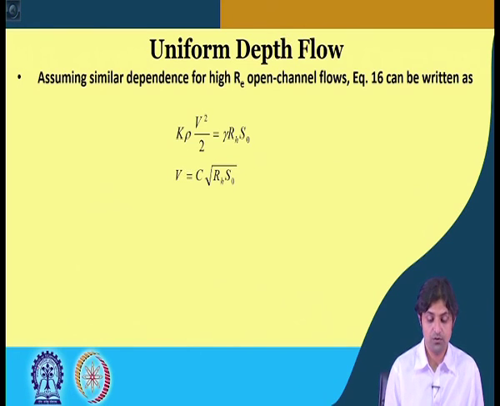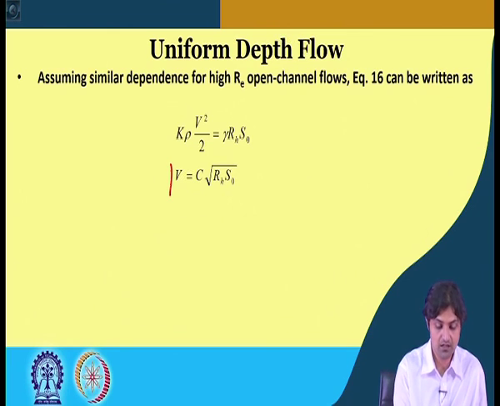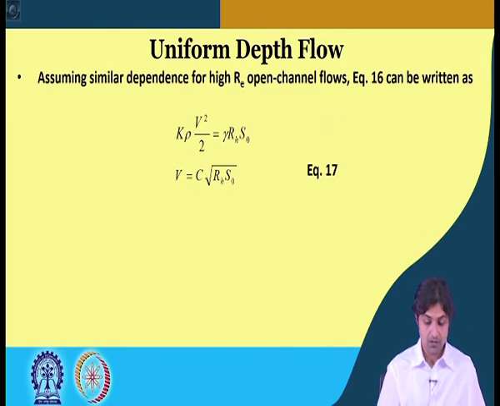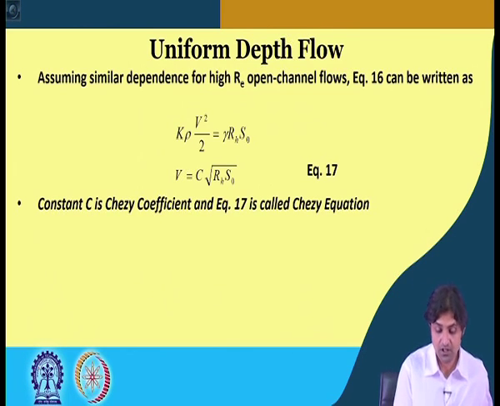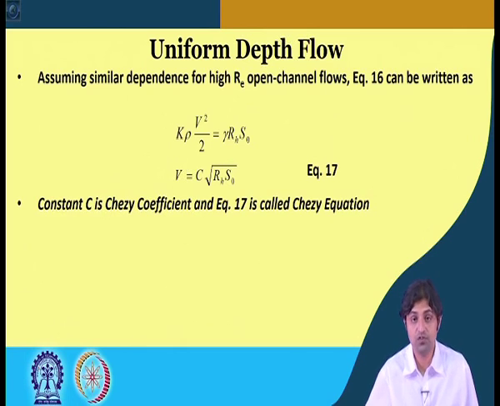So, we write root of 2 gamma divided by k rho as C. And this equation is the Chezy's equation, and C is called the Chezy coefficient. That is an important equation.